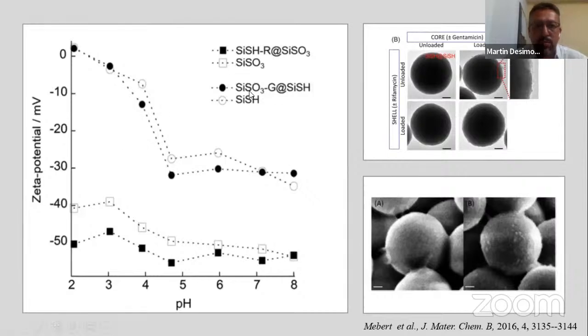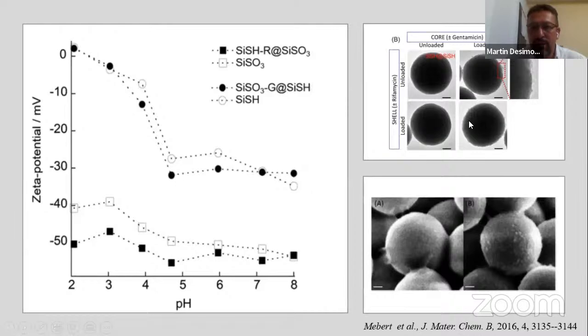The same here, those particles with a sulfonate group in the core and a thiol group on the surface possess the same behavior in terms of zeta potential as those with only a thiol group on the surface.